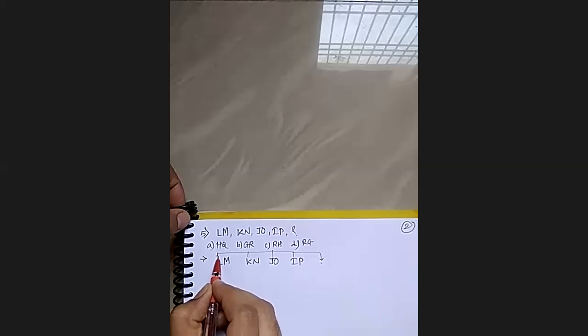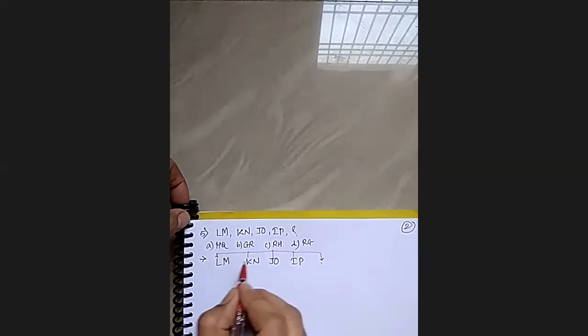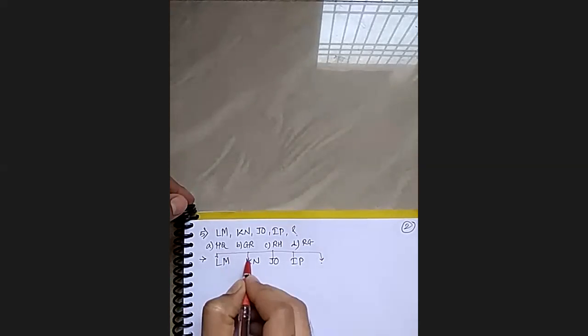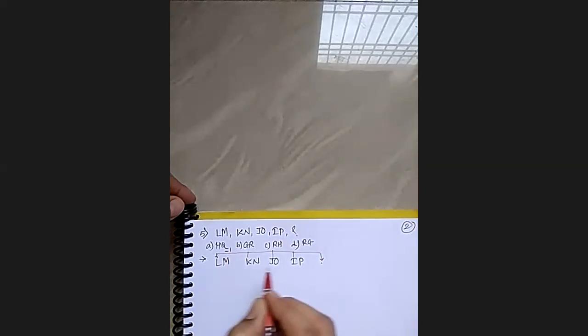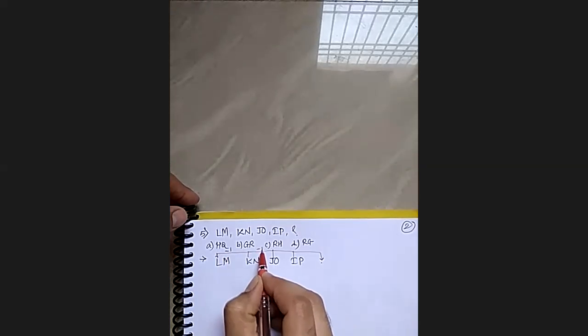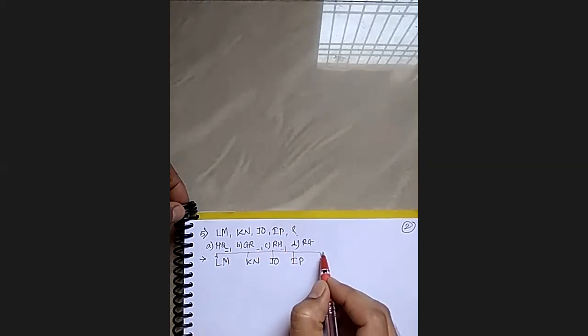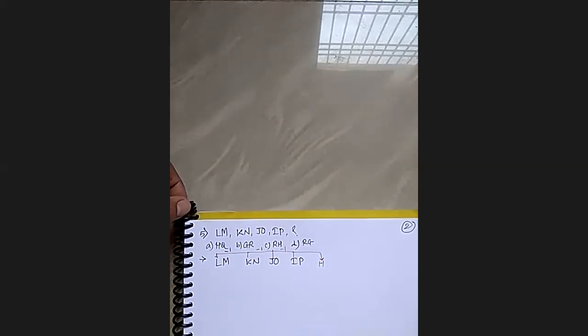So what is the relationship between these? L minus 1 is developing K, minus 1 is developing J, minus 1 is developing I, and therefore minus 1 should develop H, right? So this could be the first letter.